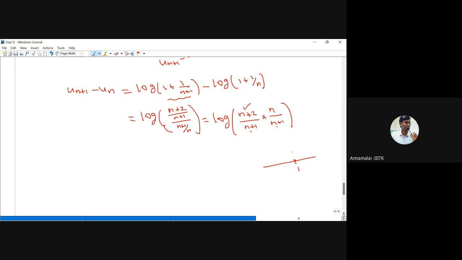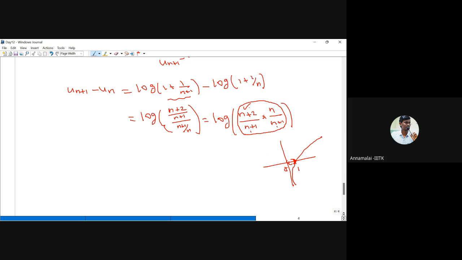If you draw the graph of log x, at the point 1 it gets 0. Now what about this interval? For within 0 to 1, the graph is negative. So that's why first you have to check this number is less than 1, and anyway it's positive because everything is a natural number.